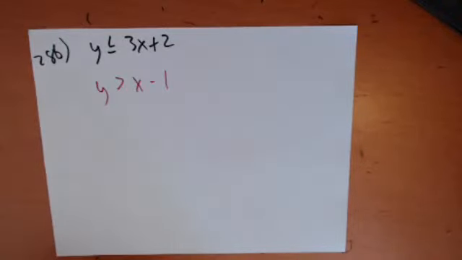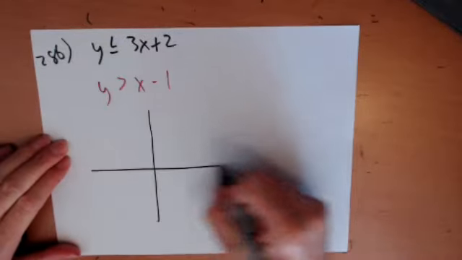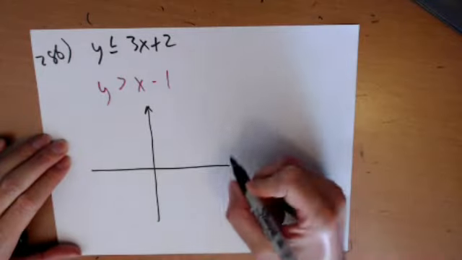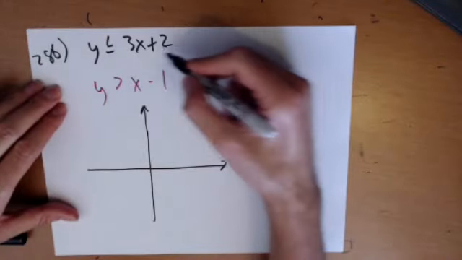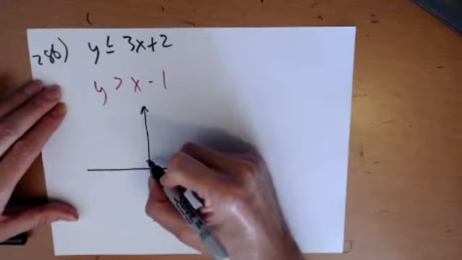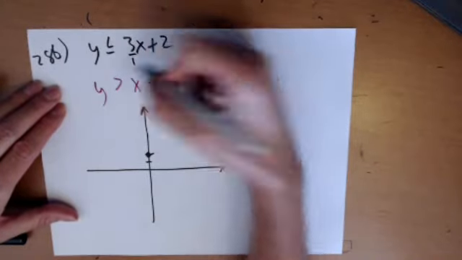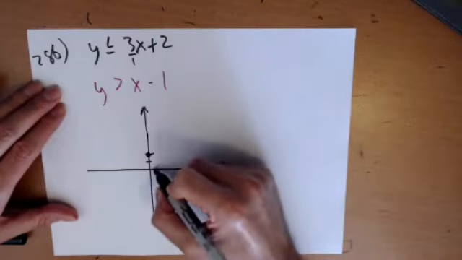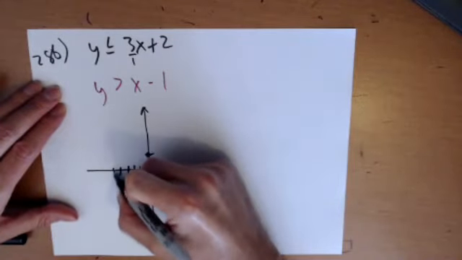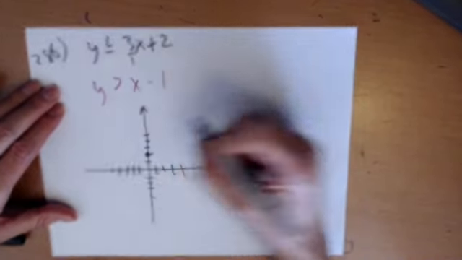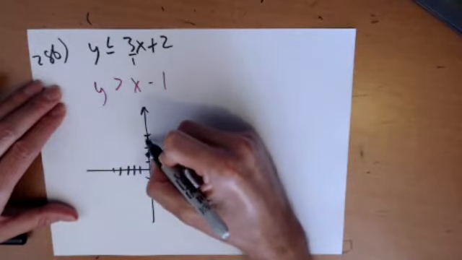Okay, so let's graph these. Y in the sky, that's my x. So the first one, go to positive 2. Put a dot. How do I get to the next dot? Slope of 3, so call it 3 over 1. If you have graph paper, that'd be a lot cooler. So up 1, 2, 3 over 1.